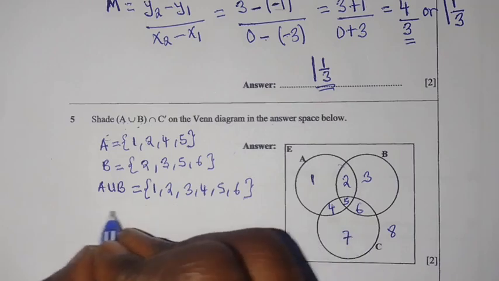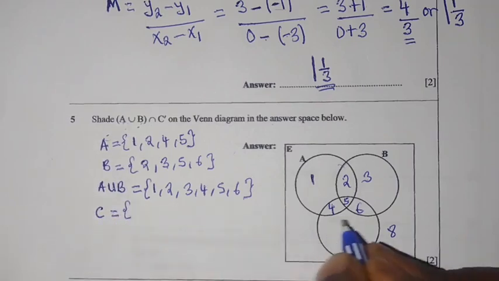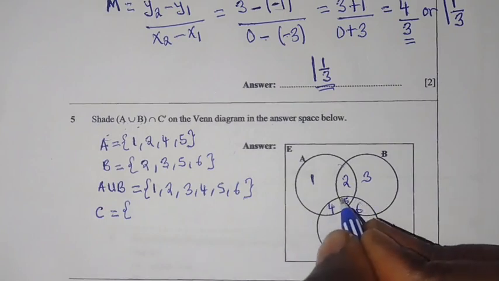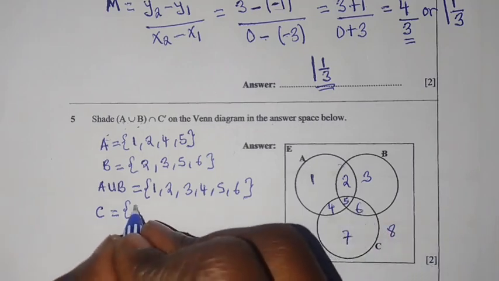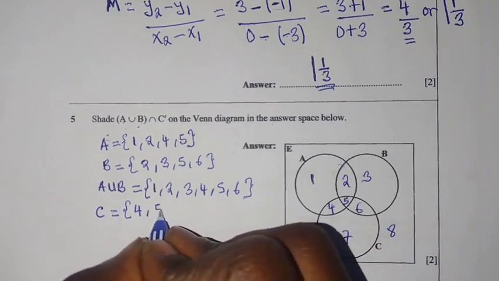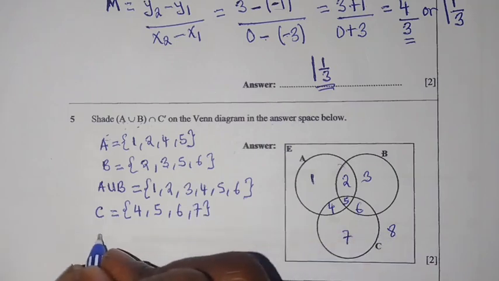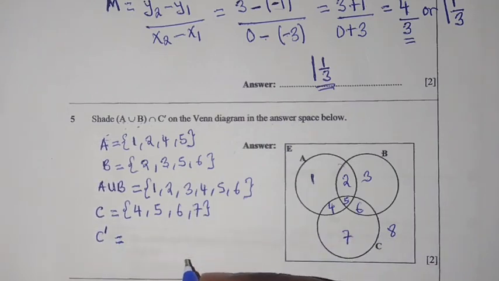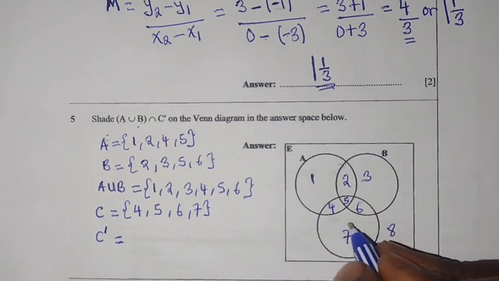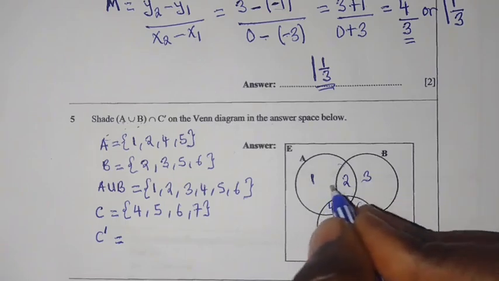Then apart from this, we come up with set C. This is our set C right here. So we have 4, 5, 6, 7. So we write 4, 5, 6, 7. Then we are going to come up with C complement. C complement means we get rid of the elements that are in set C. The remaining elements are C complement.